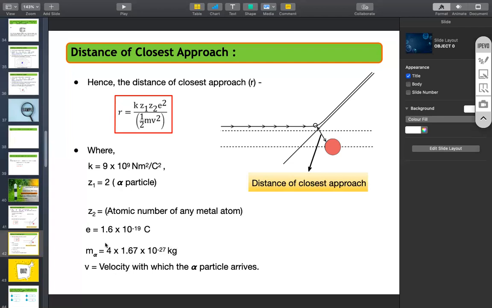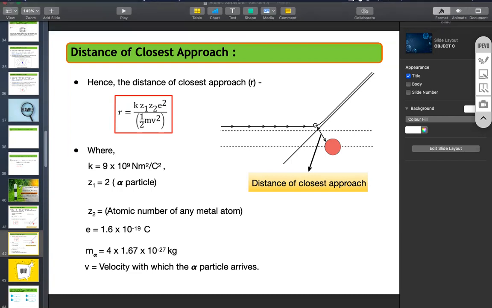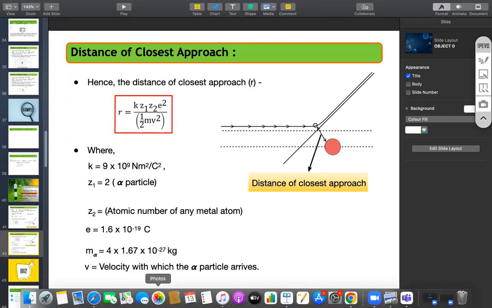Can anyone explain why? Mass of helium is 4, but they have written 4 into 1.67 into 10 power minus 27. Write in the chat box.